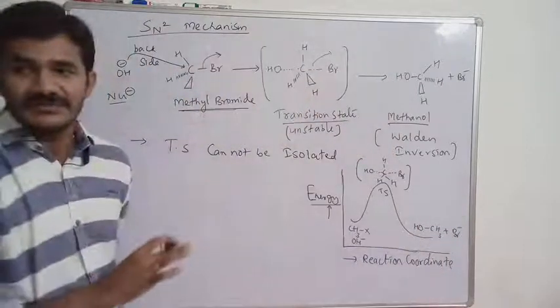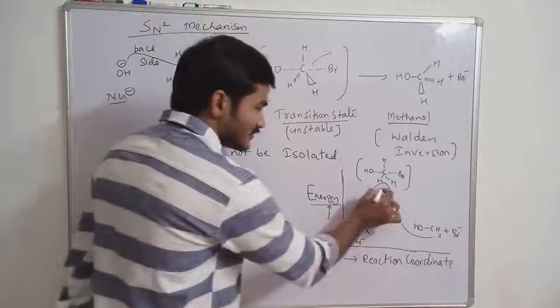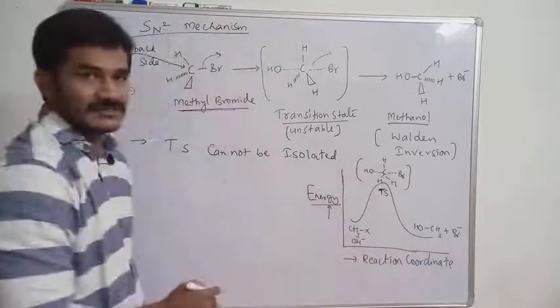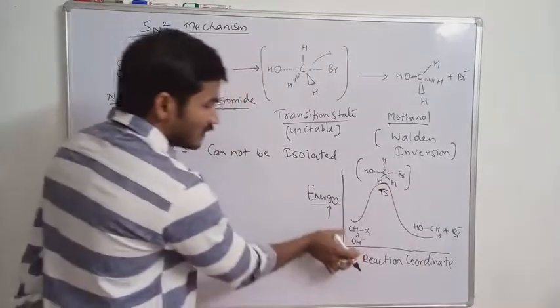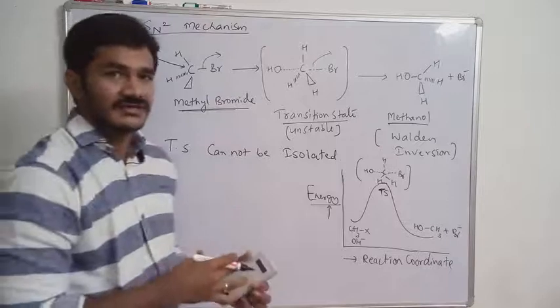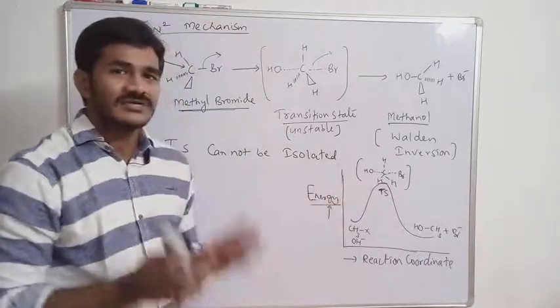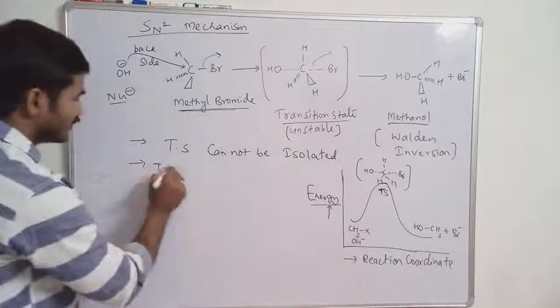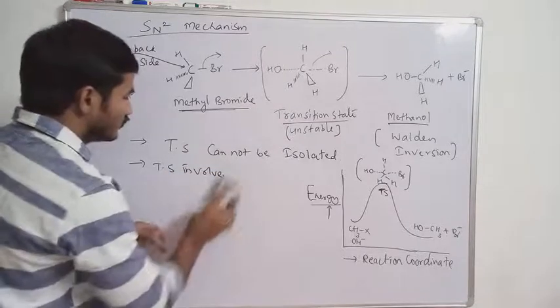If you observe this, reactants combine together to form the transition state, and the transition state decomposes to form the products. In the transition state, two molecules undergo collision and form the transition state. The transition state involves collision between two molecules.